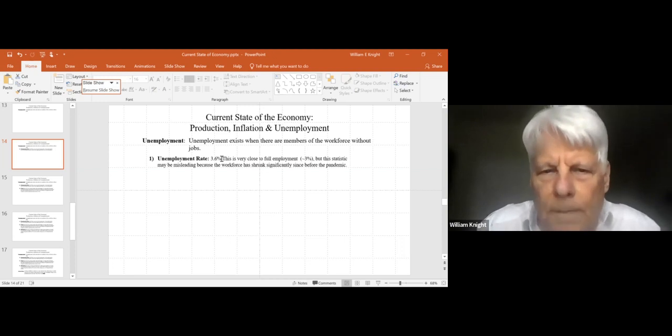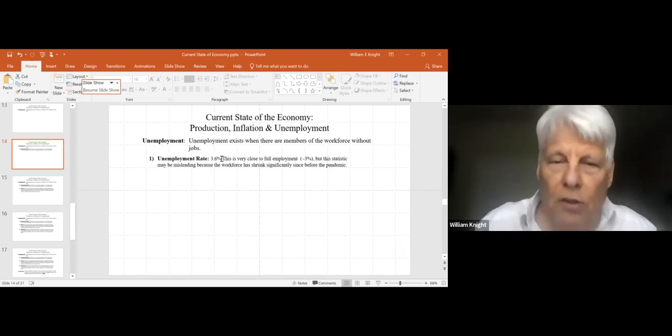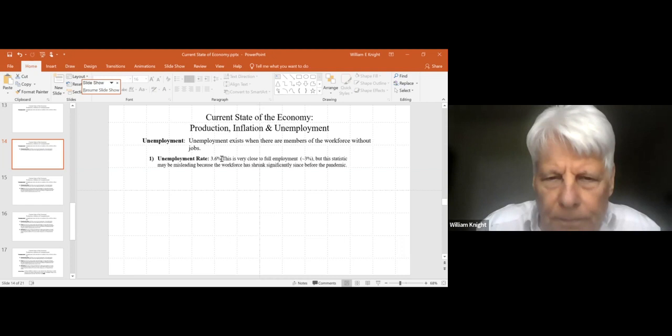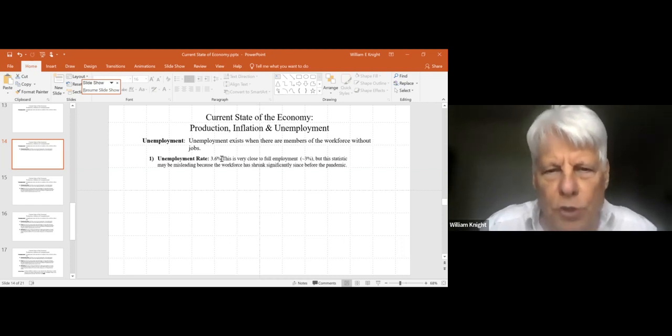Will this produce stagflation? Remember, stagflation is a combination of stagnation and inflation. You get a slow economy, but also inflation at the same time. Stagflation. This is cost push inflation. Well, we're not seeing this as of yet.